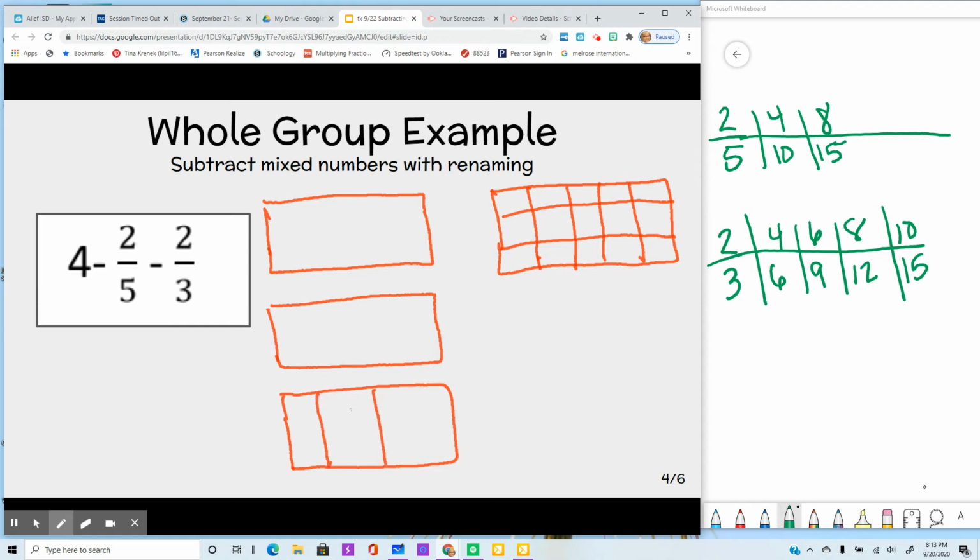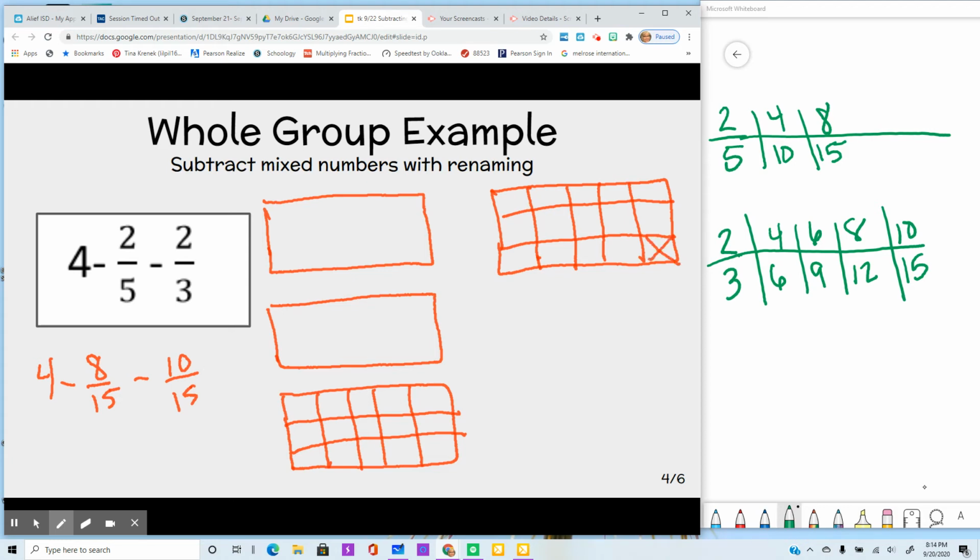We don't have a fractional, we have a whole. All right. So let's start reading left to right. 4 minus 2/5, which is 4 minus 8/15 minus 10/15. So let's take away our 8.